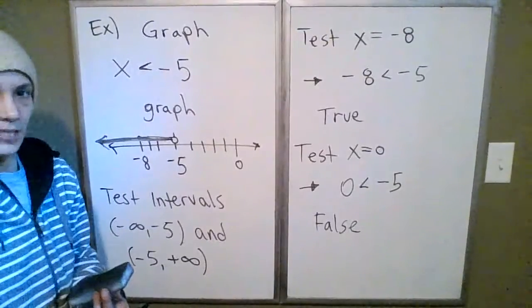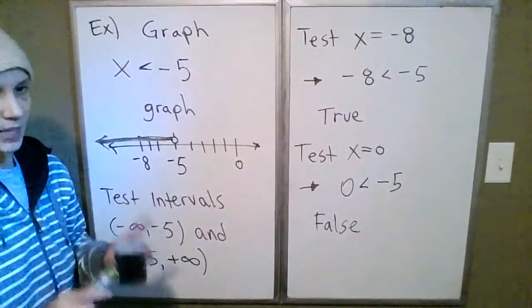So the first property is called the addition property for inequalities.